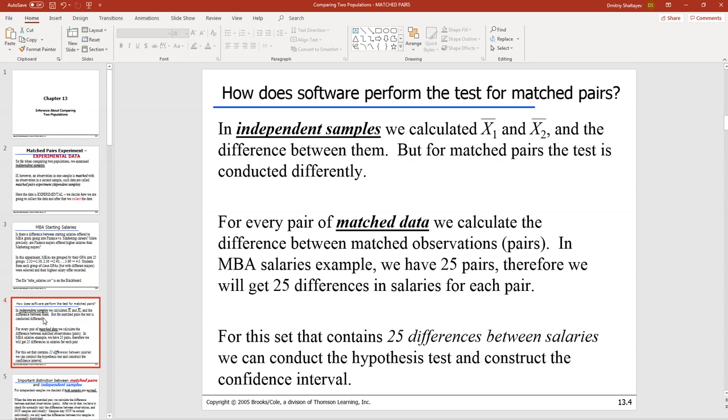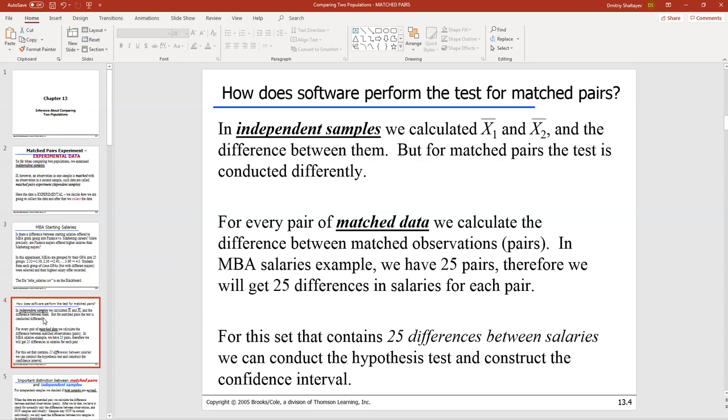The mechanics of the test in the case of matched pairs is different from the mechanics of the test for independent samples. How different is that? Each time we have matched pairs samples, what really is being tested is one column of data, which is calculated quietly behind the scenes.